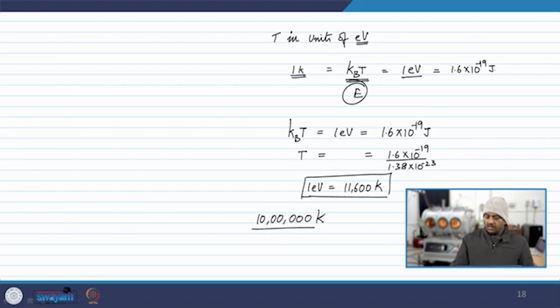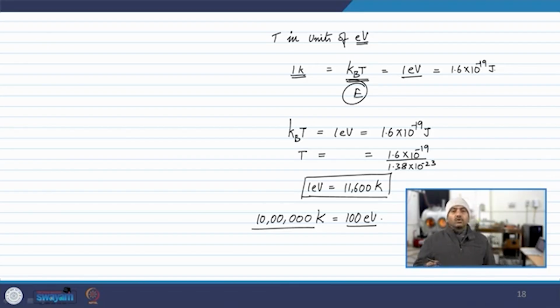Rather than writing it like this, we write its equivalent, which is nothing but a 100 electron volt plasma. The notation that we use in plasma physics is that it is a plasma at 100 electron volt. What it means is that 1 electron volt is equal to 11,600 Kelvin. You can make the conversion and say what the plasma's temperature is.